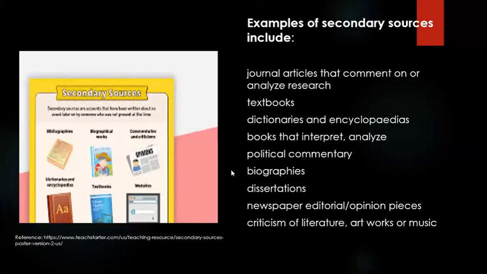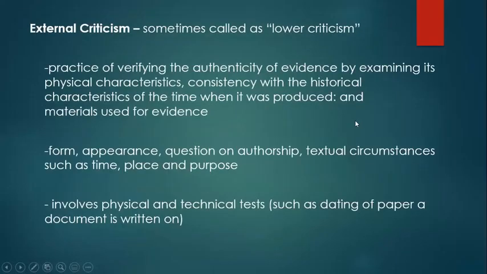And also, the historian should be able to conduct an external and internal criticism of the sources, especially primary resources, which can be said to be a long time ago or can age in centuries.